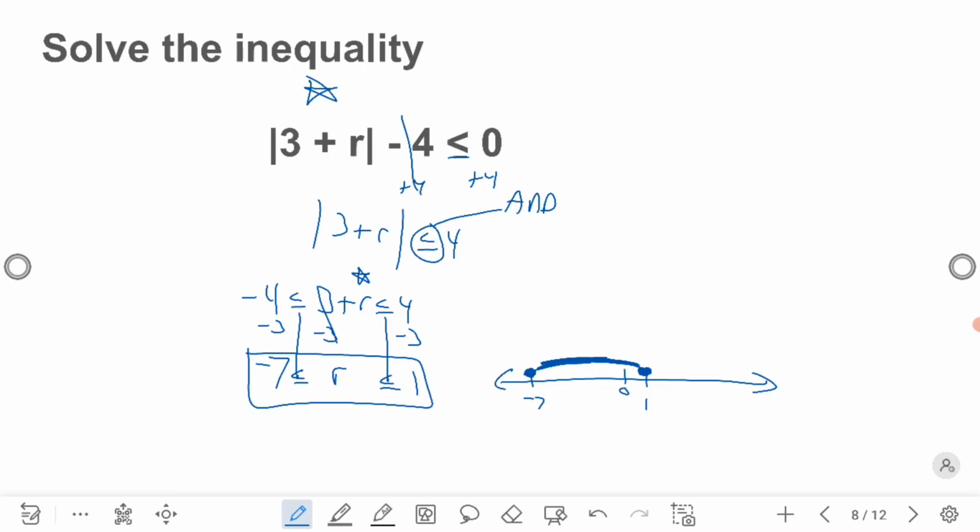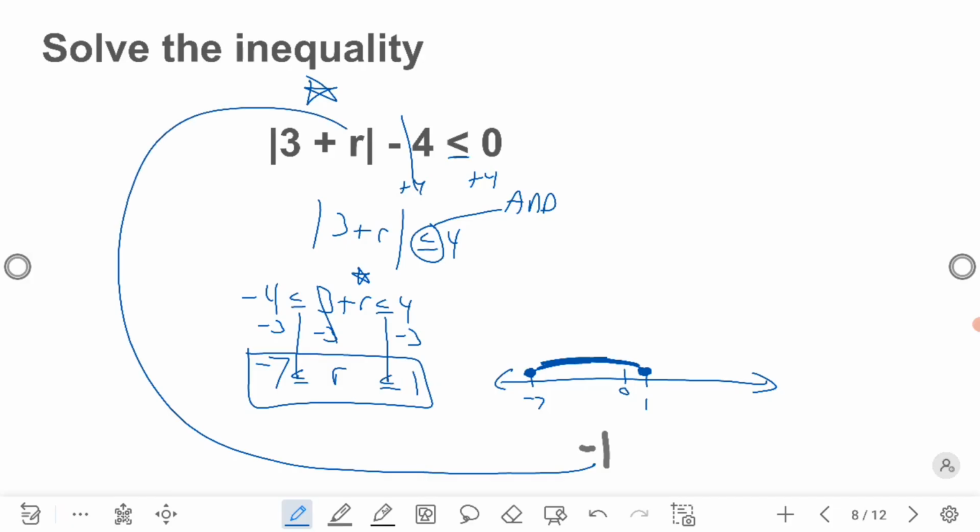Okay? So let's say I pick a number. Let's say I pick negative 1. I'm going to plug negative 1 into the original and see if it works. So I have the absolute value of 3 plus negative 1, absolute value minus 4 is less than or equal to 0. So if I'm doing this math here, 3 plus a negative 1, 3 minus 1 is 2.